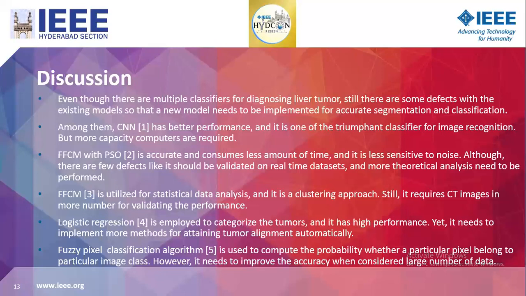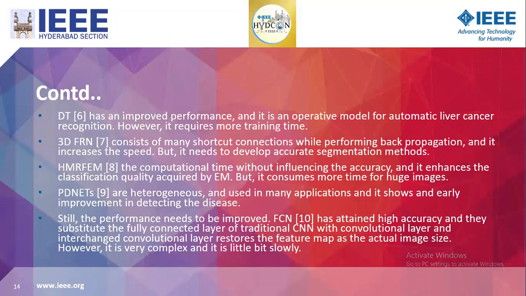Logistic regression and fuzzy pixel classification also have problems when applied on a large amount of data; they are not accurate. Decision tree also has improved performance, but it requires more training time.